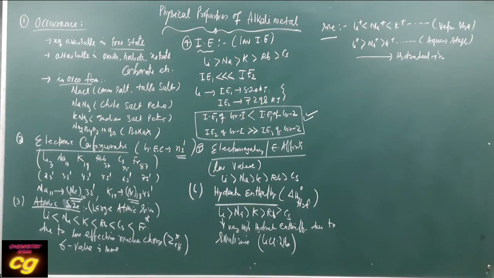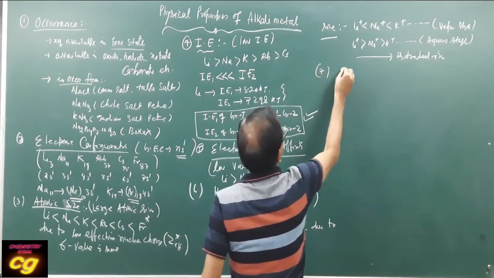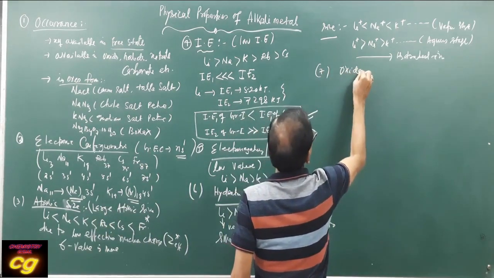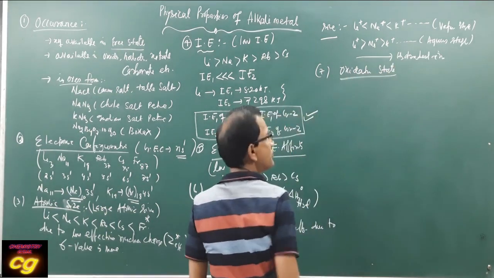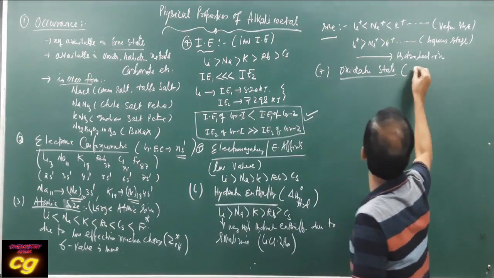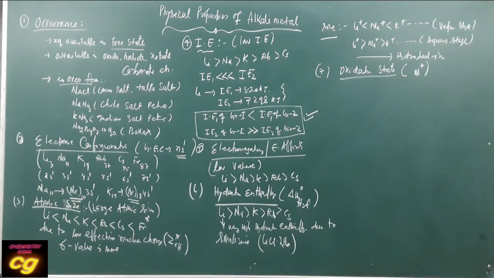That hydration enthalpy was discussed, then oxidation state. Oxidation number: generally they show the M+ state, always M+, because they have a single electron in their outermost shell.